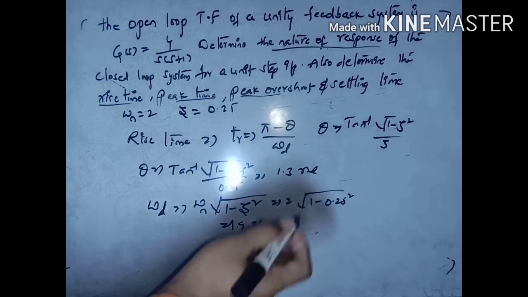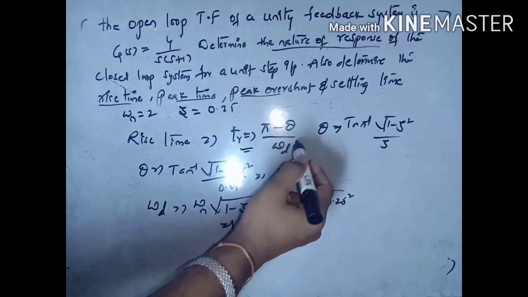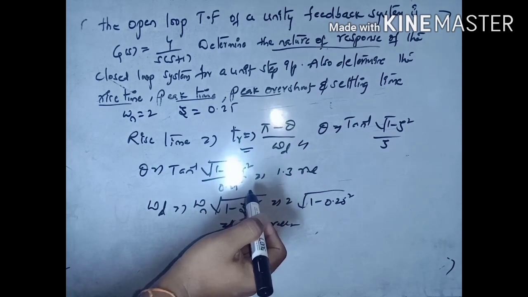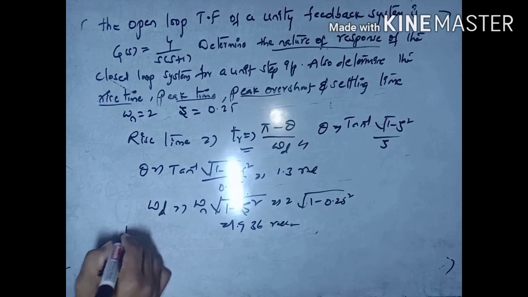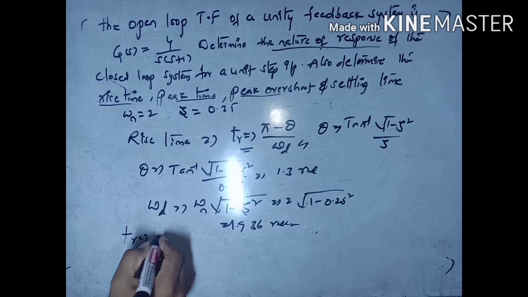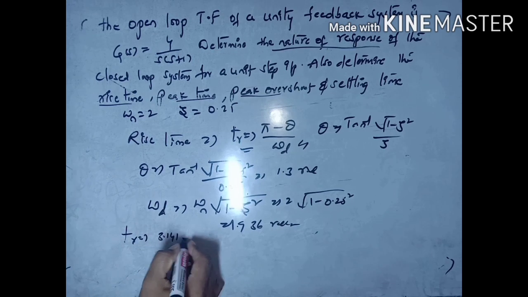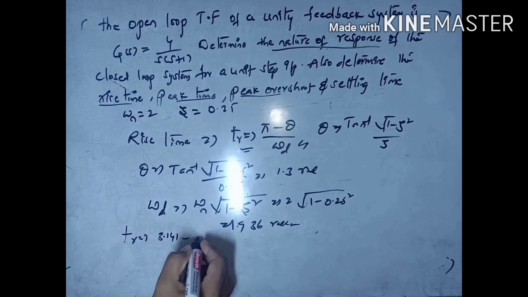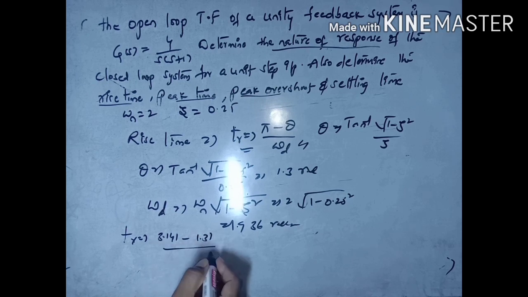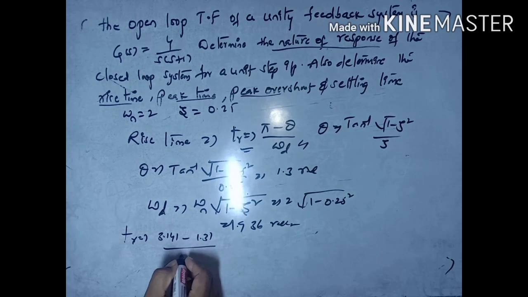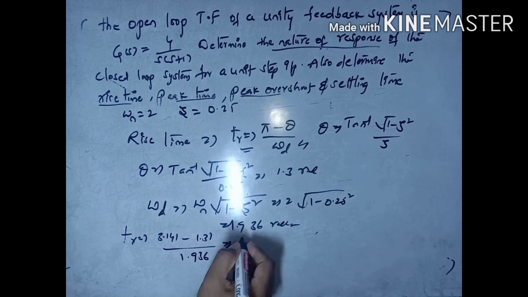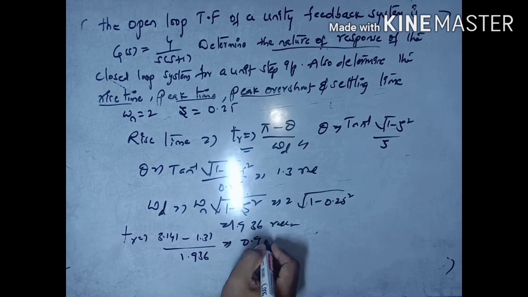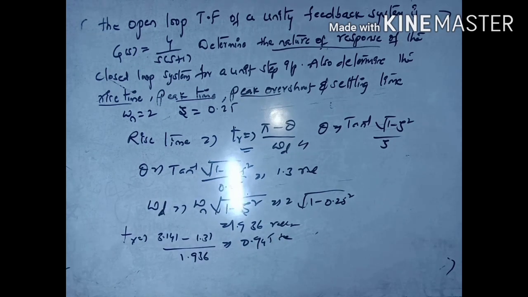If we substitute these two values in the rise time equation, TR equals (3.141, the pi value, minus 1.31, the theta value) / 1.936, which is omega d. So finally we get the rise time as 0.945 seconds.